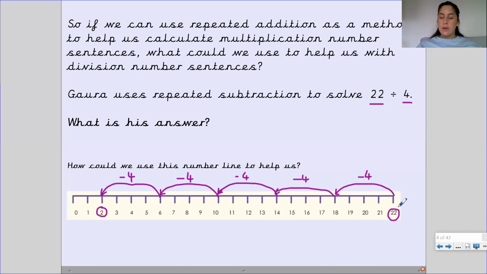So 22 divided by 4 equals, how many full jumps have I been able to make? 1, 2, 3, 4, 5. And the number that you have landed on represents the remainder, how many you will have left over when you're dividing 22 into groups of 4. So it's 5 full jumps, remainder 2.